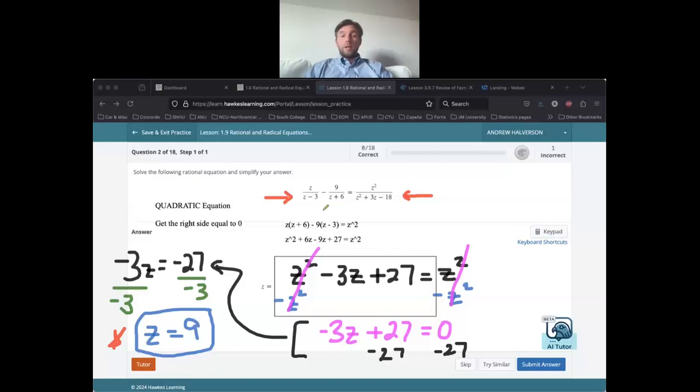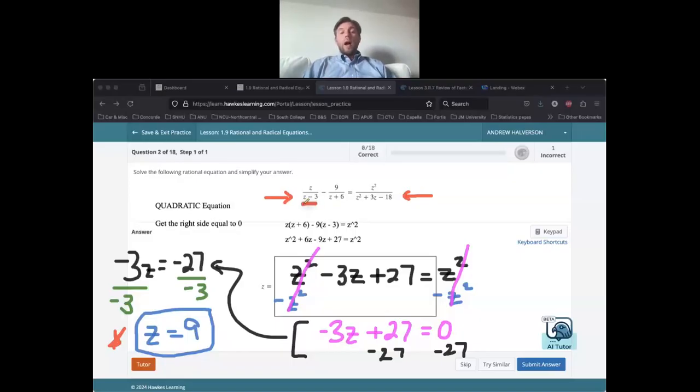In other words, it's permissible so long as it doesn't make any of the denominators become 0. If it makes even one of the denominators 0, impermissible. We can't have it. So remember the notion of restricted value we talked about yesterday? What are the values that are going to make these denominators 0?